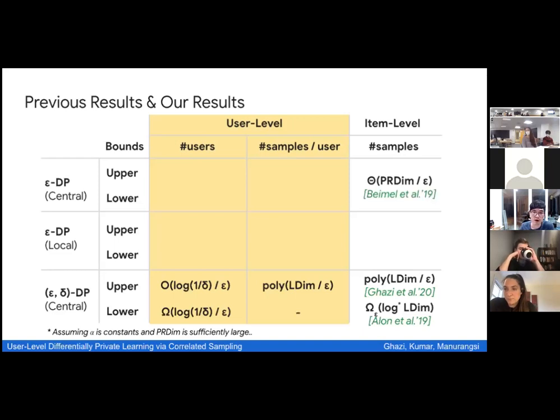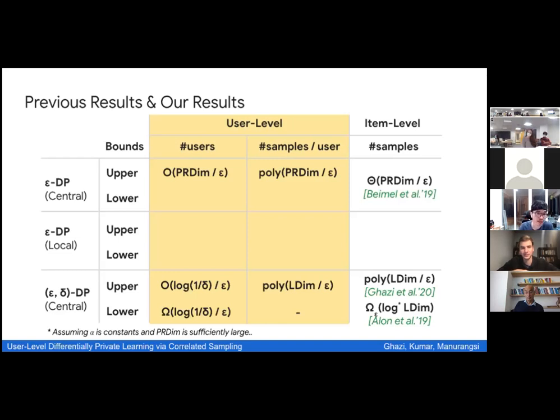Next we move on to pure DP in the central model. Here it's known by Beimel et al. that the sample complexity in the item-level setting is exactly the probabilistic representation dimension divided by epsilon. Perhaps slightly disappointingly, in the user-level setting we only show an upper bound that is similar to the item-level setting.